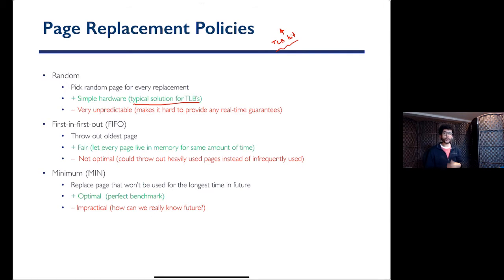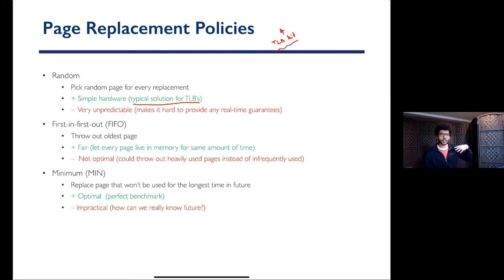Now you can prove that this is the best you can do. If you pick anybody else, then your performance is going to be worse than picking the one furthest in the future. I'm not going to talk about the proof of it, but you can definitely prove that this is the best. But obviously this is impractical because nobody has insight into the future.